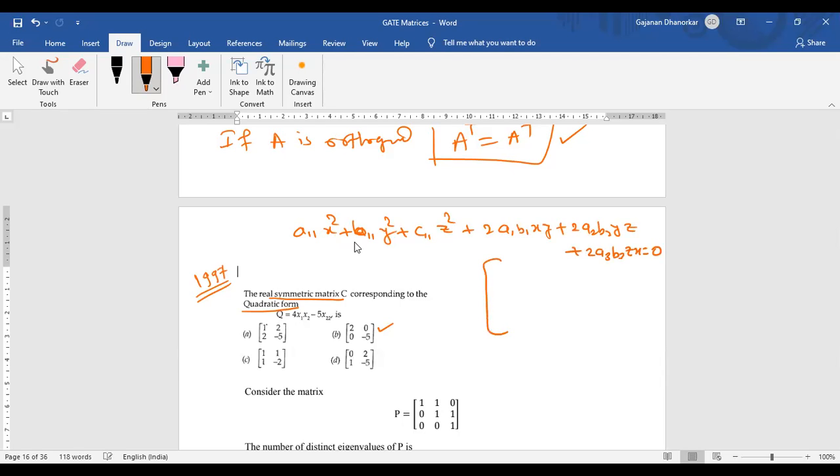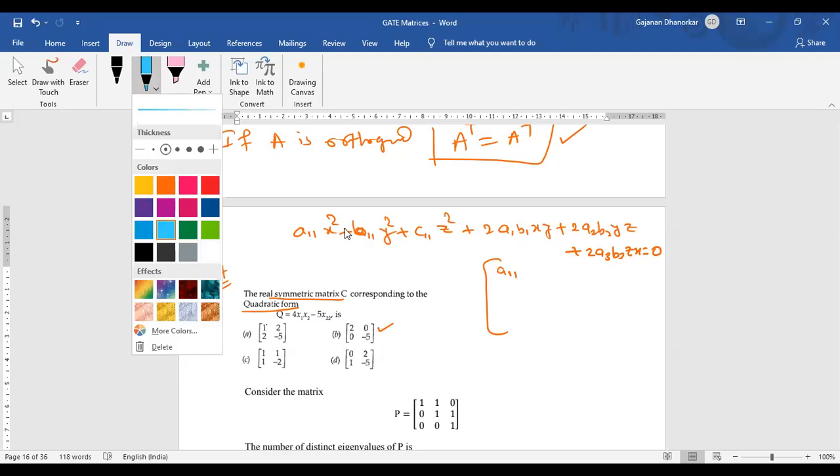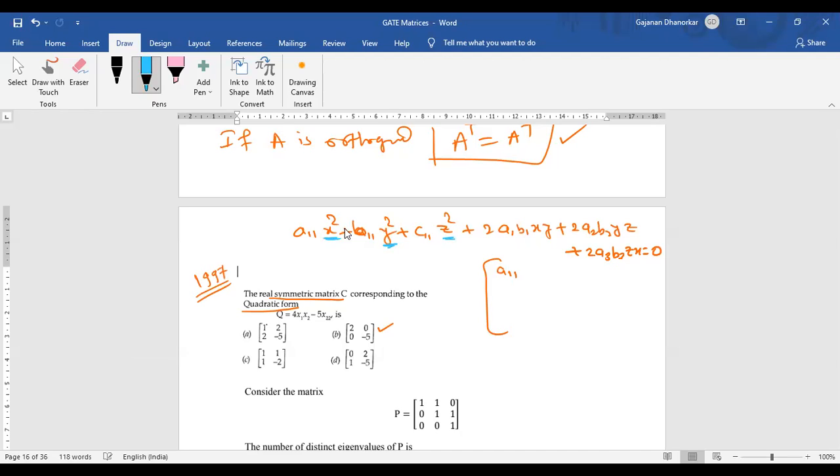I will write this quadratic form. Here the A11 square terms are all the diagonal terms, y square and z square. Here this is xy, and I will write here A1 B1. This is symmetric. Here A2 B2 yz, and A3 B3. Is it clear?